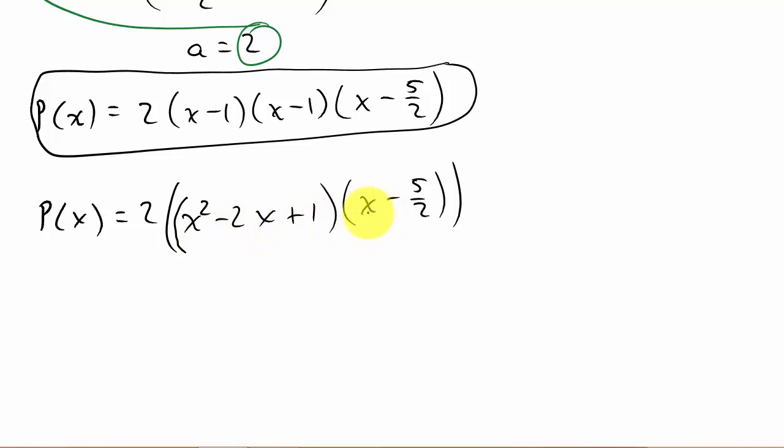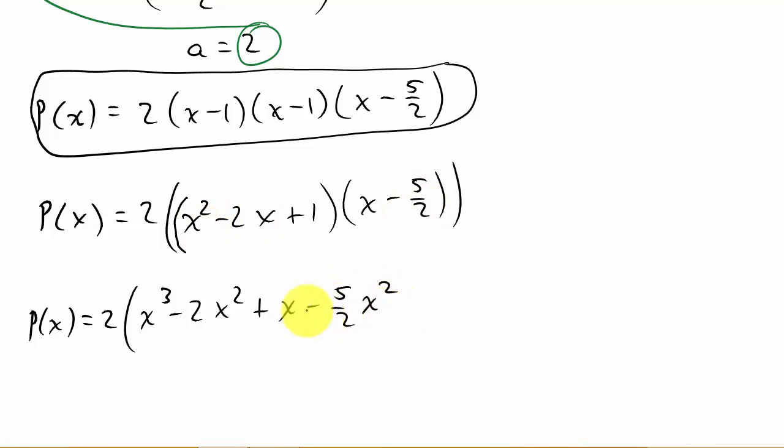I'm going to multiply this times each term and the 5 halves times each term. So p of x is equal to 2 times, the x times each term, so that's x cubed minus 2x squared plus x, and then the minus 5 halves times each term, so minus 5 halves x squared, plus, the 2's will cancel, so that's 5x, and then minus 5 halves.